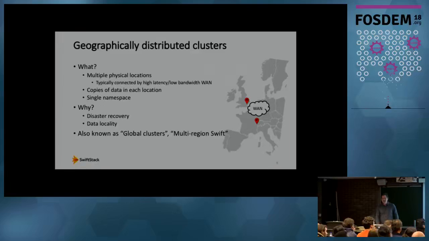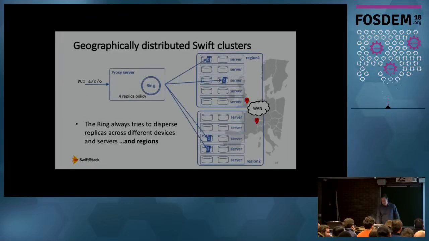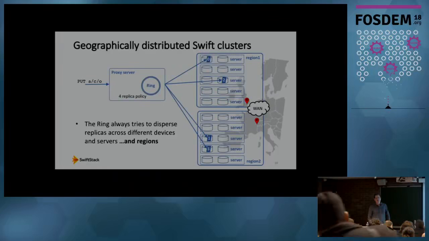Okay, so let's see how that actually works out when you map it onto a Swift cluster. What I've done here is I've added a few more storage servers to my storage pool, and I've grouped them into 2 regions. Now, this is really easy to achieve.